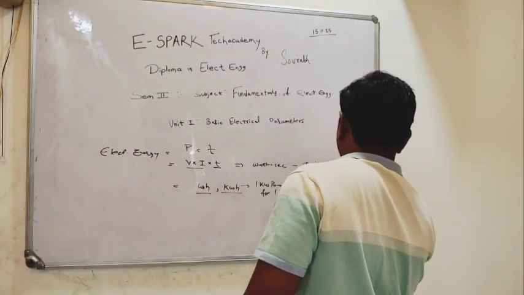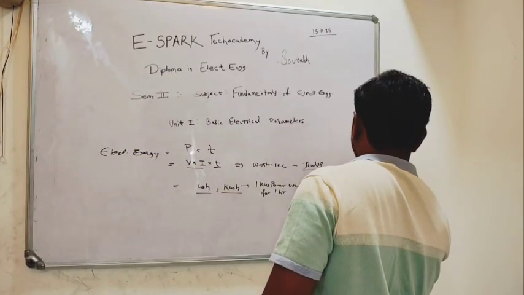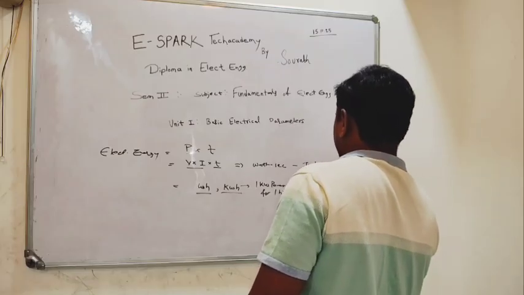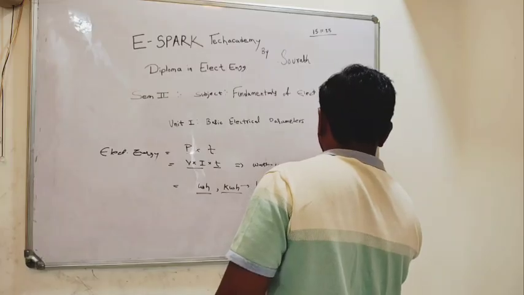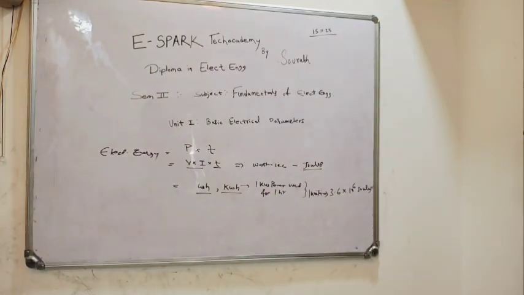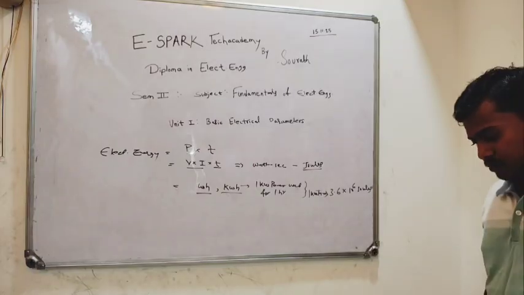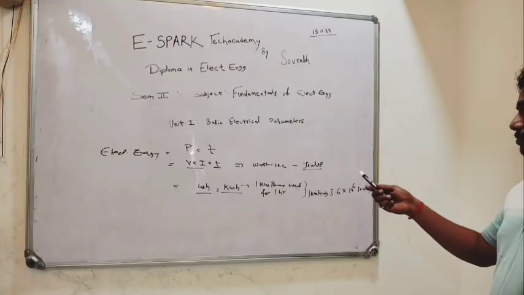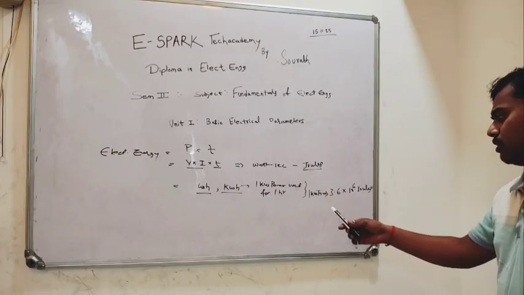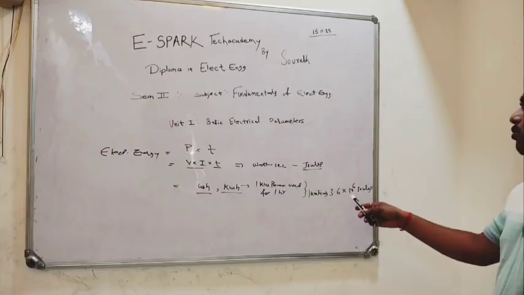It is equivalent to 3.6 into 10 raised to 6 joules. 1 kWh will be 3.6 into 10 raised to 6 joules. This is the most important thing you have to know, because while dealing with practical electrical problems, it will help you calculate any kind of electrical numerical.